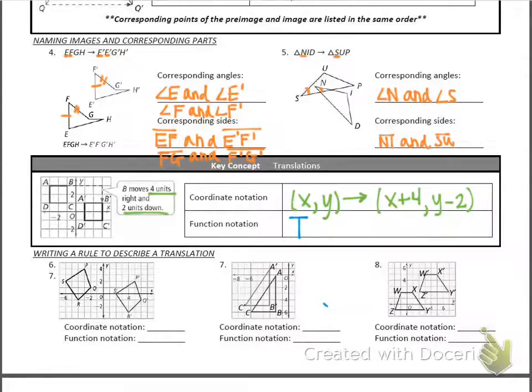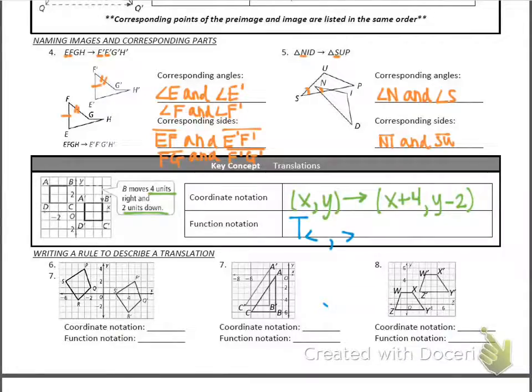And then we use arrow brackets, the pointy ones, the less than, greater than looking ones. But for translations, we still write it in the form x comma y.